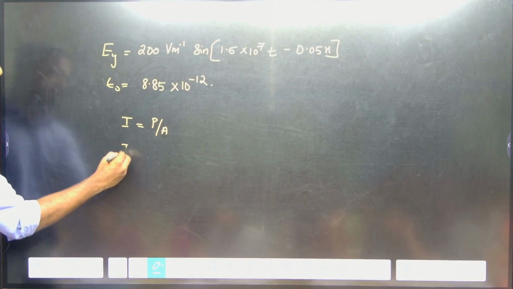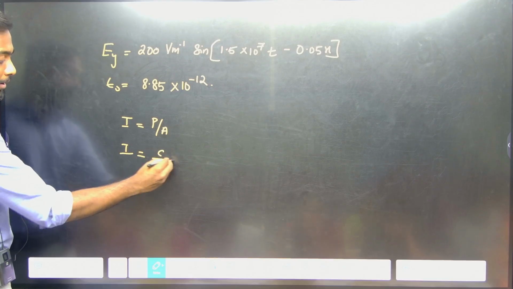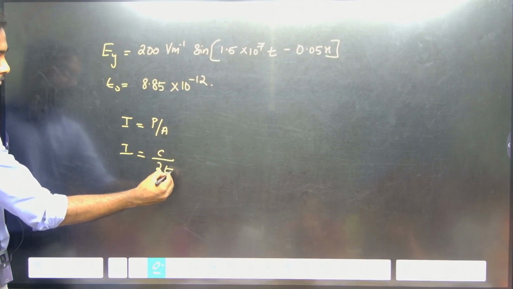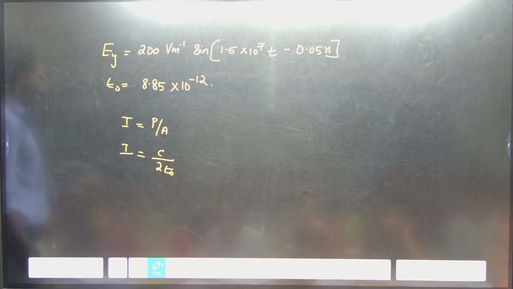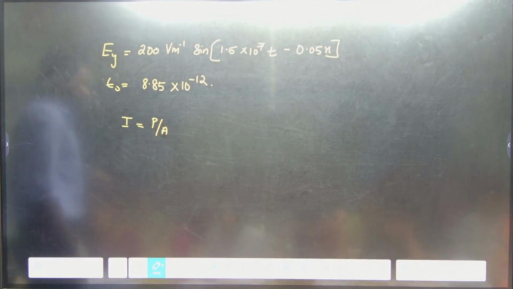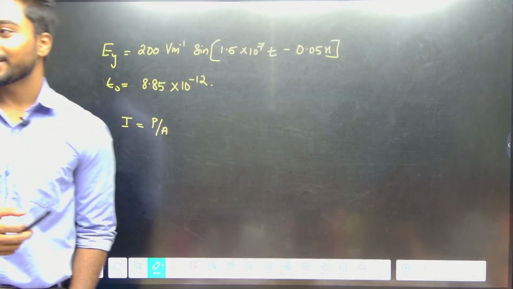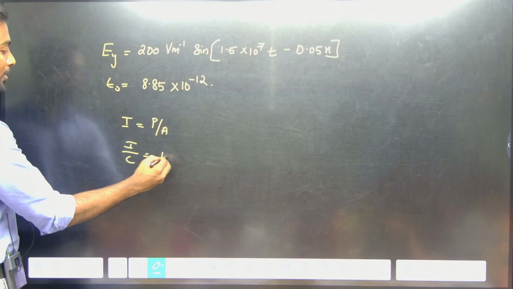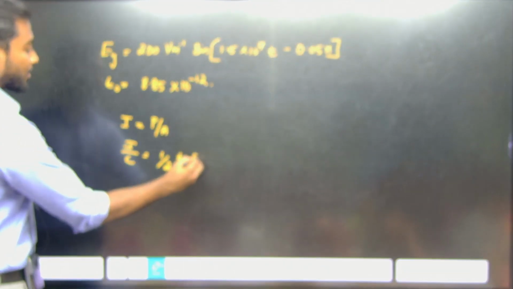I is equal to C by 2 epsilon naught. The other formula we have seen is I by C is equal to 1 by 2 epsilon naught E naught square. Remember the formula?